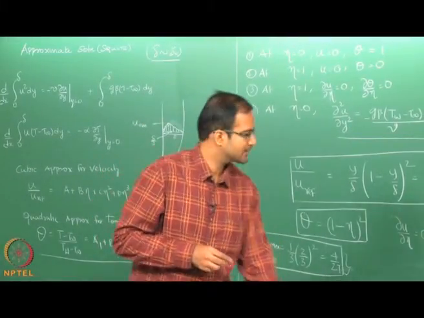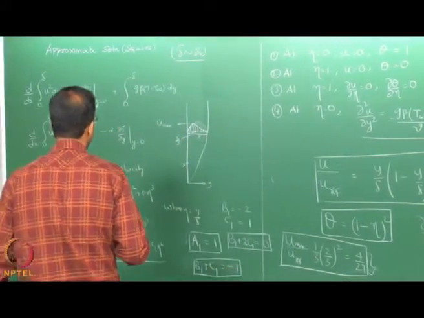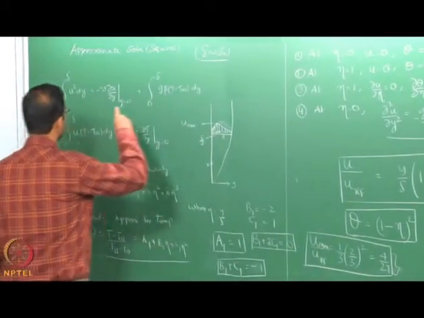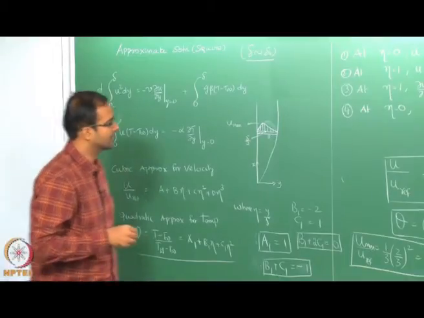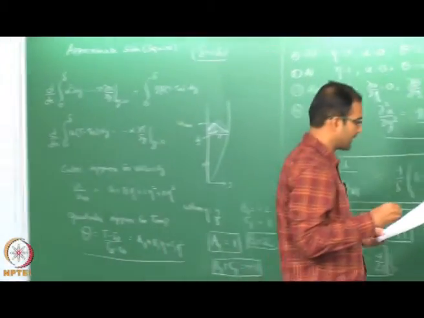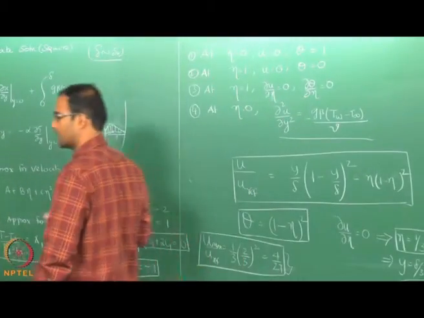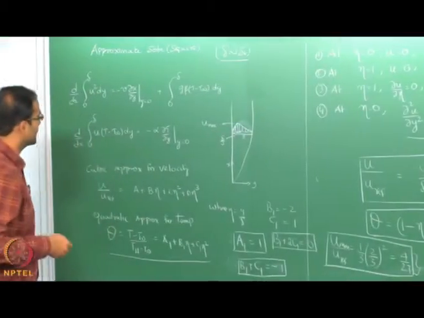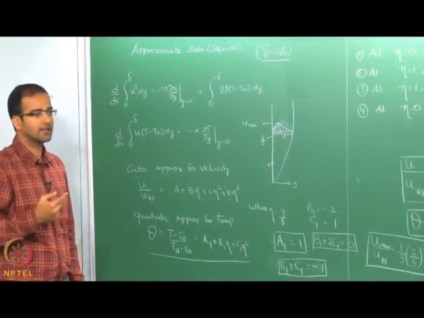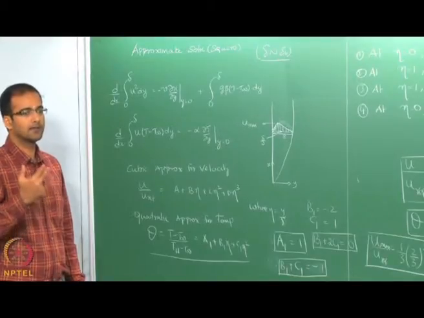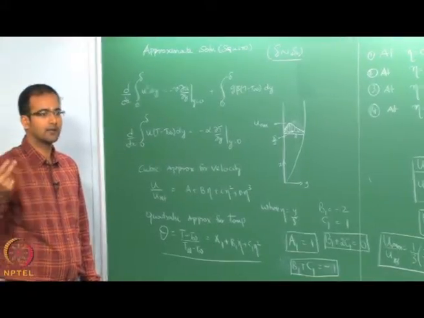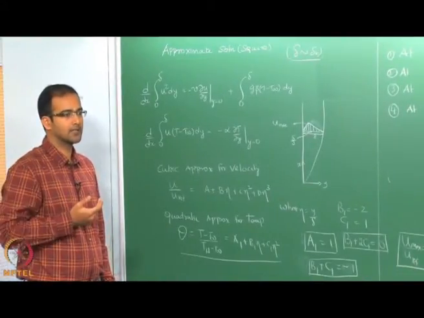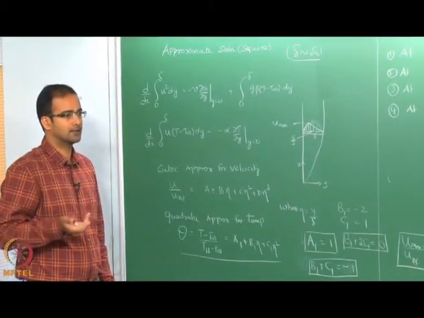So what we will do next is, once the profiles are obtained, you can substitute back into the integral equations, the momentum and the energy integral, and integrate it out, because unlike external forced convection you do not have two boundary layer thicknesses. So you do not have to define a Prandtl number and say Prandtl number greater than 1, you can therefore neglect the ratio of delta t by delta and all that.